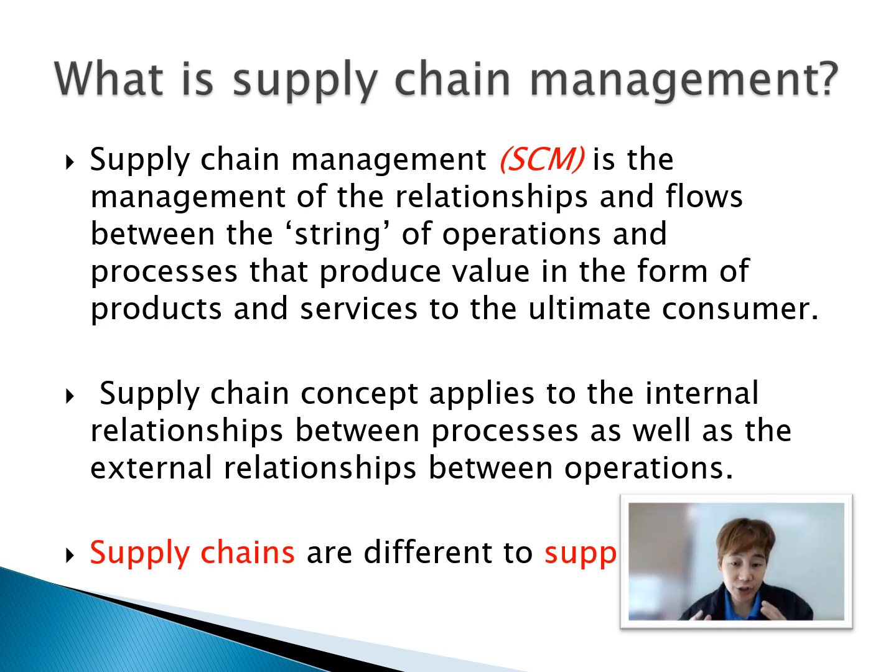The supply chain concept applies to the internal relationships between processes as well as the external relationships between operations. A supply chain is different from a supply network. If you hear supply chain and supply network, they have different meanings, okay?